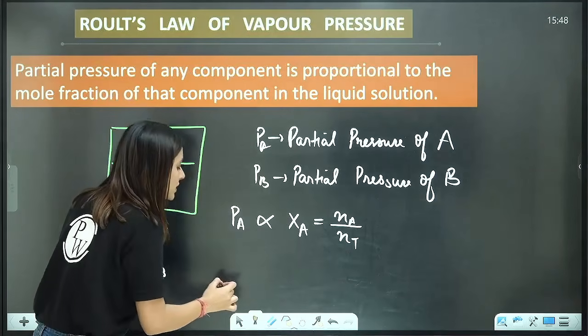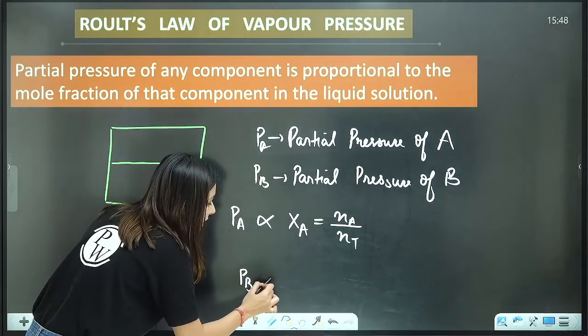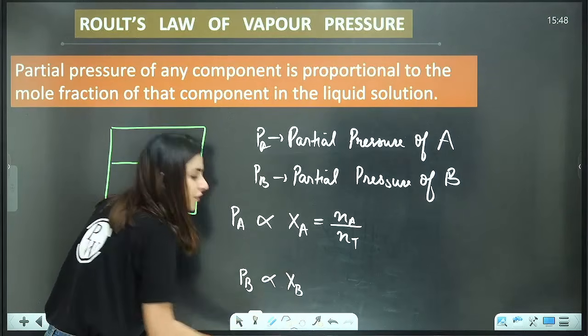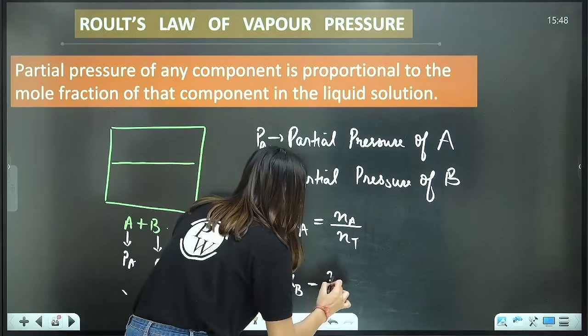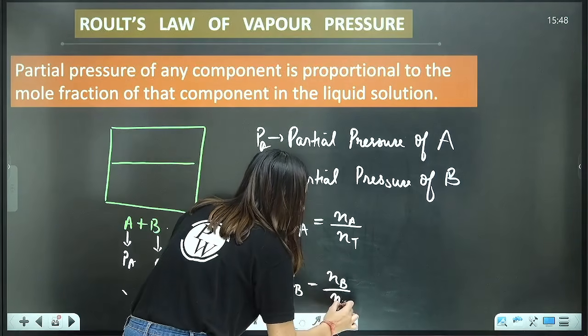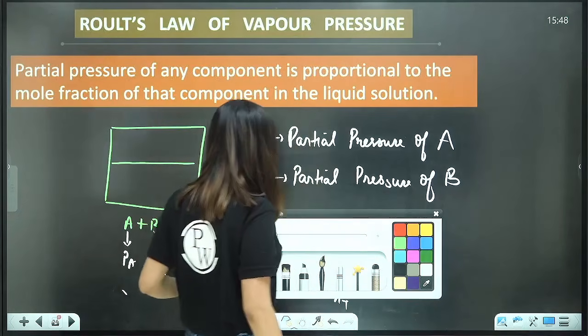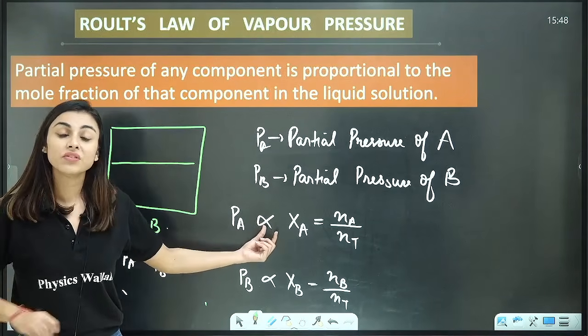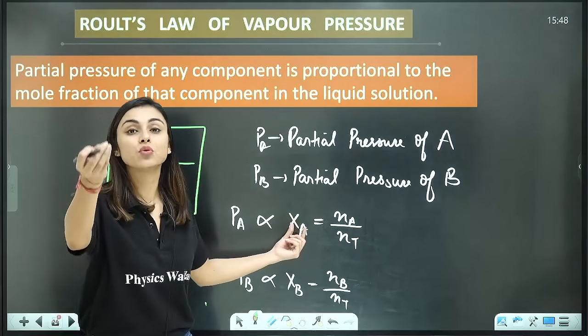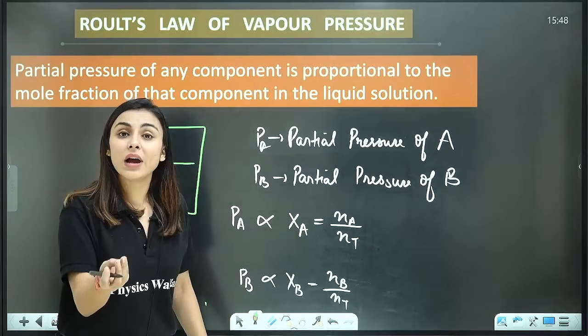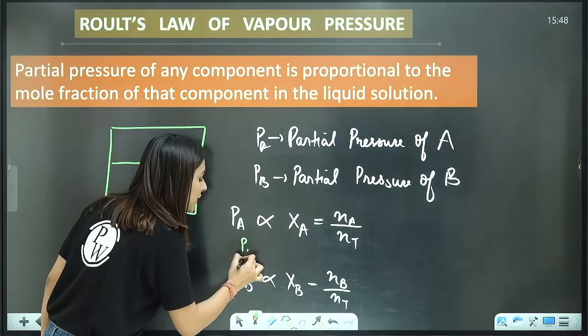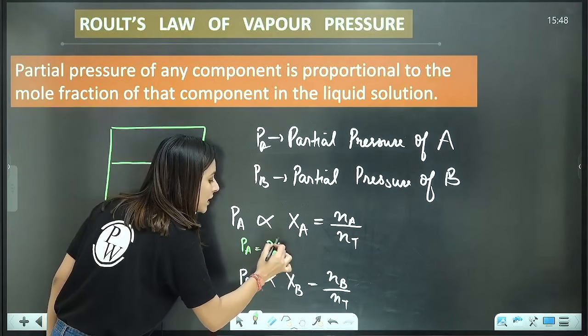Similarly, PB would be directly proportional to the mole fraction of B, which is equal to moles of B divided by total moles. Now you have to remove this proportionality and add a proportionality constant. Then PA is equal to PA naught XA.